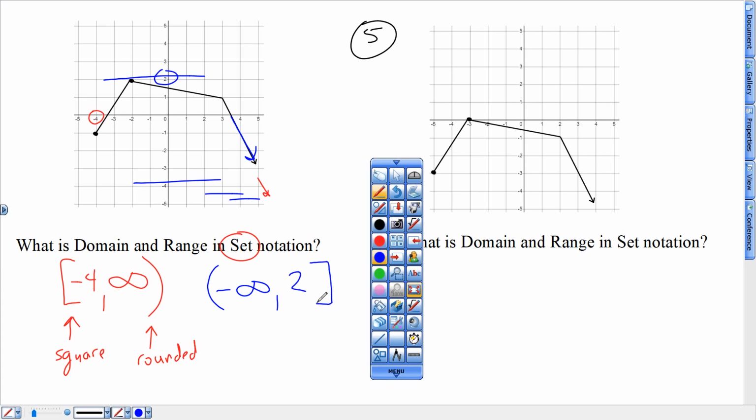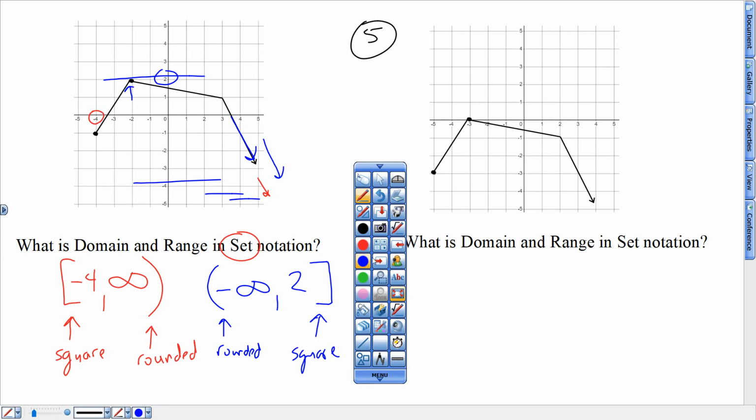And again, it's got to be in that exact order. This is rounded because there's no bottom to it because of that arrow going on forever. And then square because the top part of my boundary right there is a solid data point. And again, range, bottom to top, looking at the y-axis numbers. Domain, left to right, looking at the x-axis numbers. Do that for this problem right here, number 5.